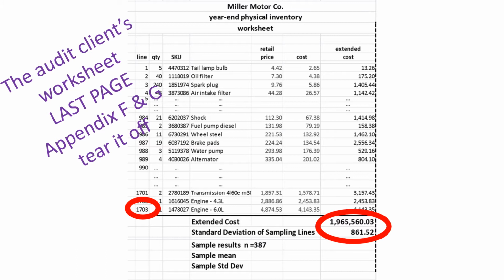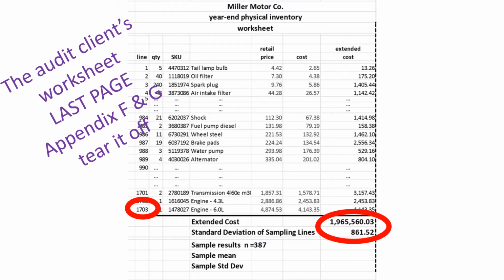Notice we're going to audit by part number, not individual parts. So the very first line, they have 5 tail lamp bulbs, but we're going to audit by the part number 4470312. And that helps reduce our variance, which will reduce our sample size.